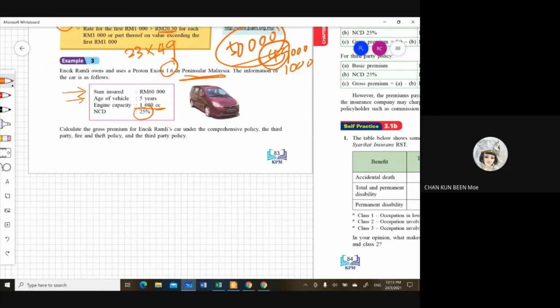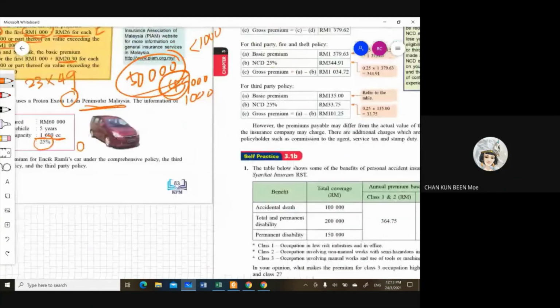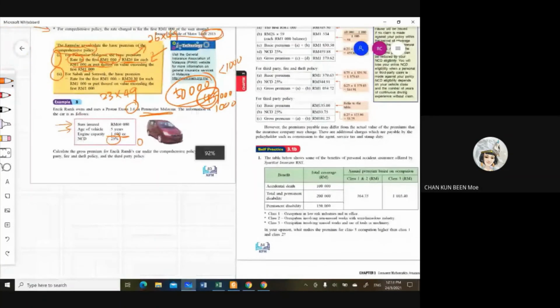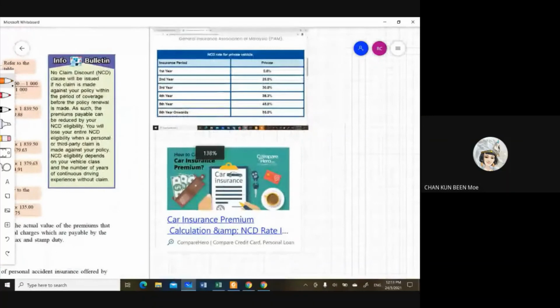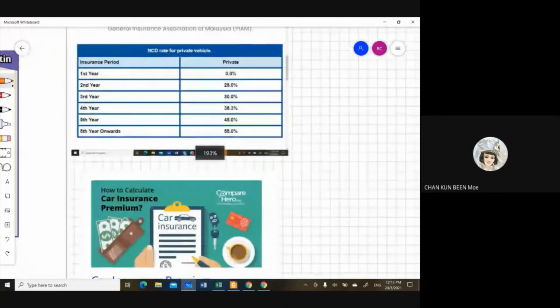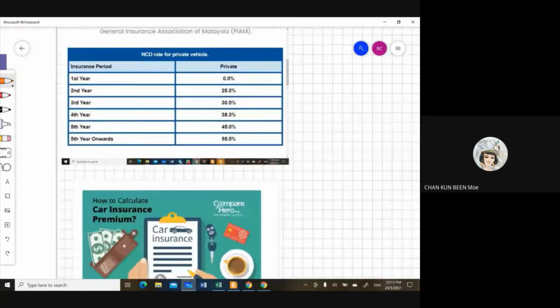NCD, when you first bought your car, the NCD is actually 0. It goes year by year. I can show you the NCD on the right. The NCD means that it's a no claim discount. This one. So next time when you buy a car, this is the NCD right now.